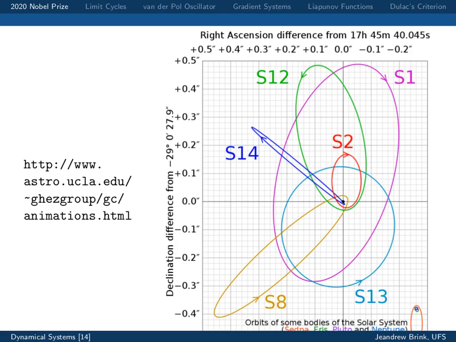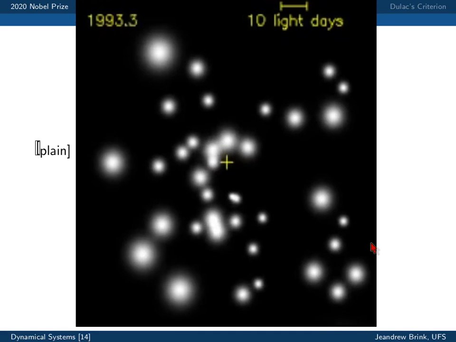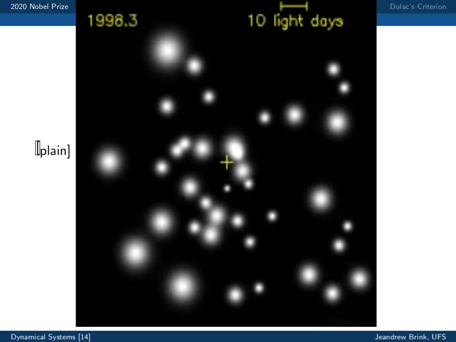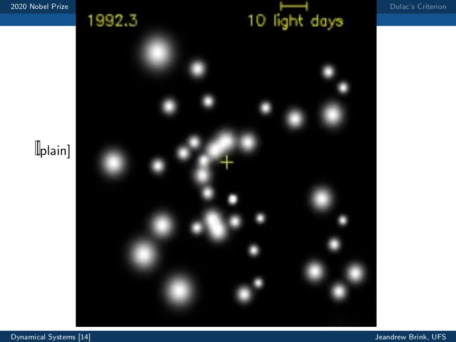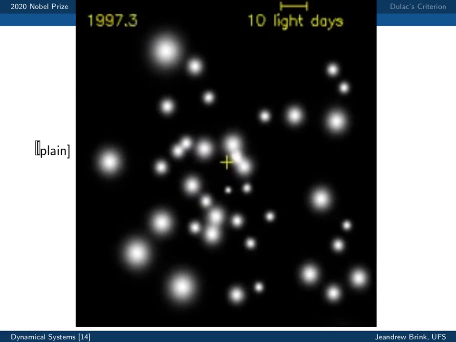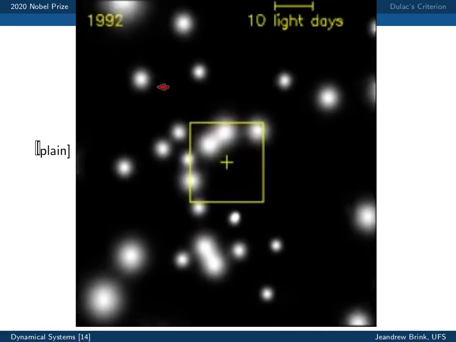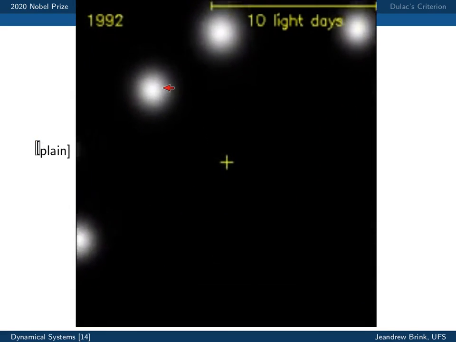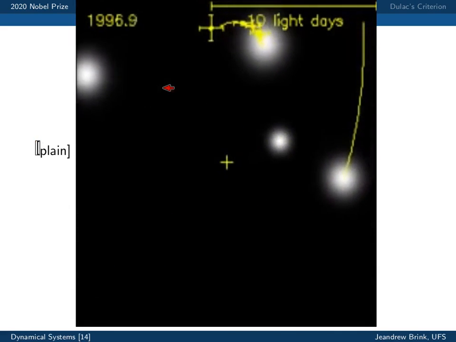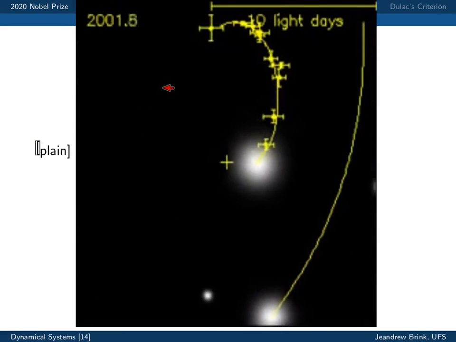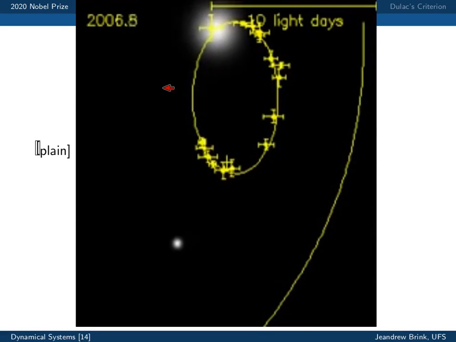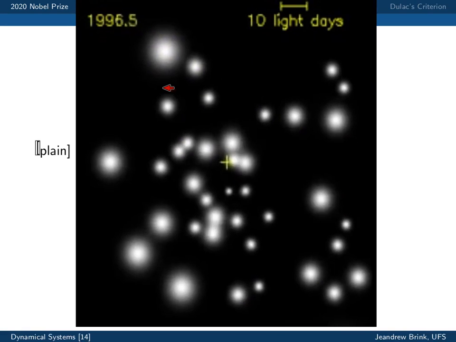So let me just show you some of their... this is actually what they see once they've cleaned up the atmosphere. This is basically a couple of years. You can see up here the time period that they've been looking at as it evolves. And they've zoomed in, and I think there's S2 that they've been looking at.